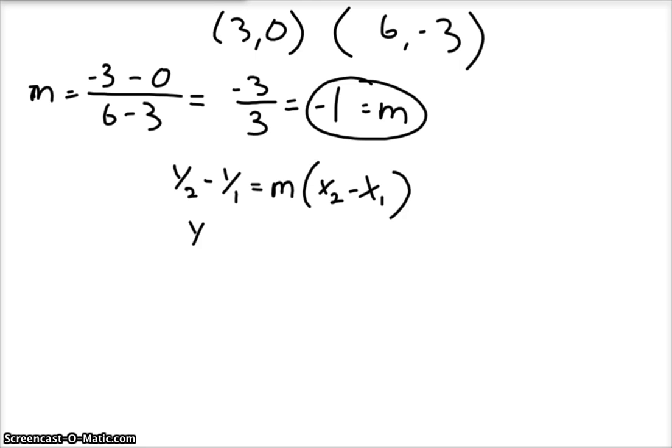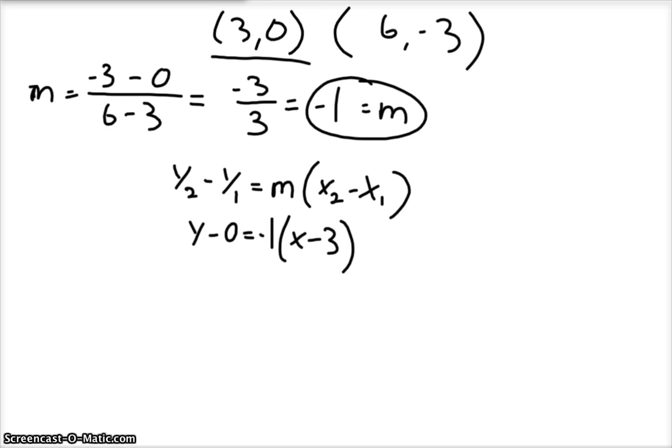We just have y now minus 0 equals m, not m, sorry. We found our m. We found our slope. Equals negative 1 times x minus 3. Okay? Plugged in things that we know. I took this point. So now we can solve.